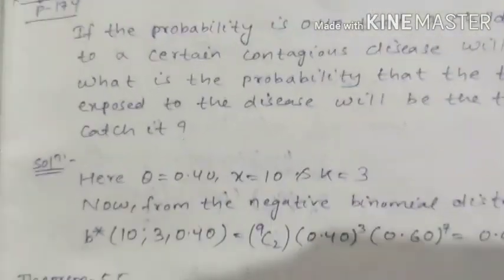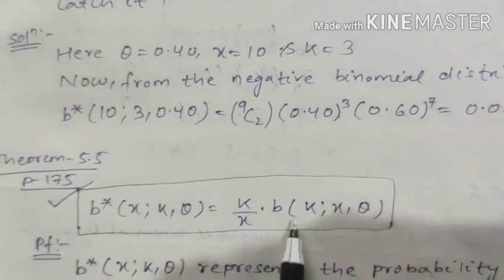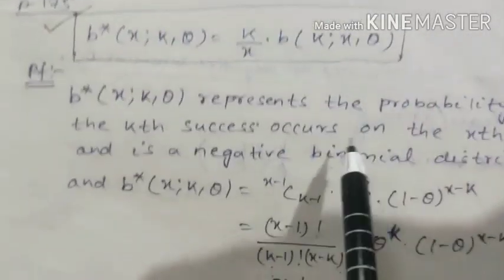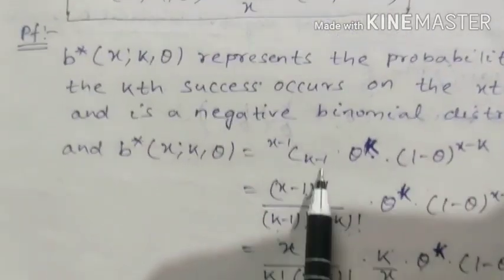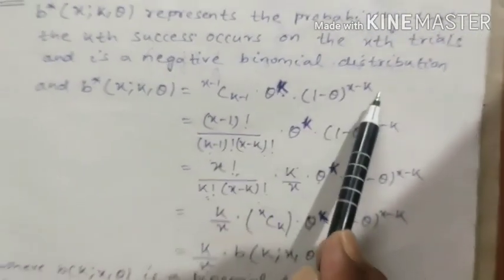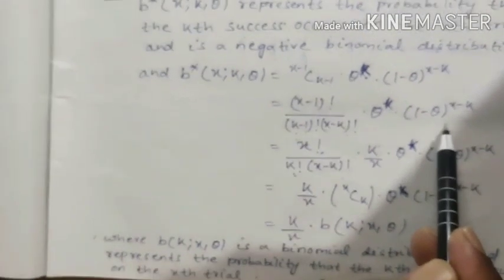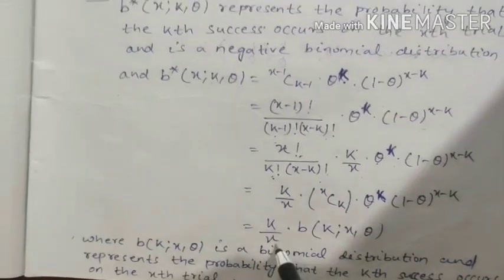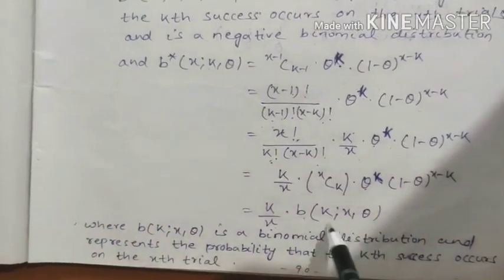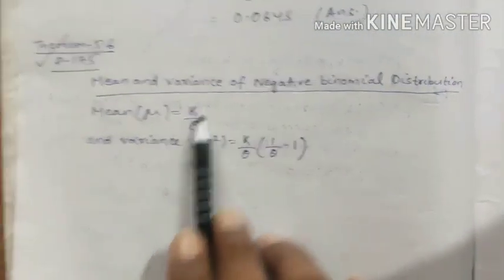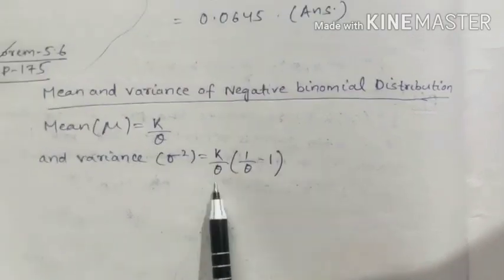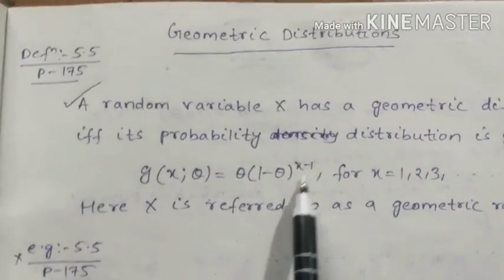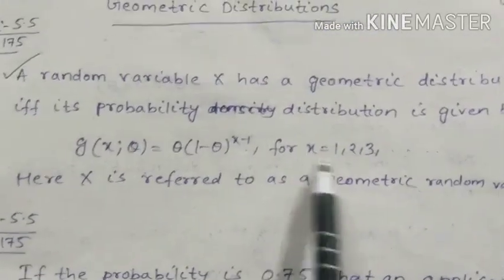Similarly, b star of x; k, theta is equal to k by x into b of k; x, theta, after putting the definition, the result is k by x into b of k; x, theta. Mean and variance of a negative binomial distribution: mean is equal to k by theta, and variance is equal to k by theta into 1 by theta minus 1. The geometric distribution g of x; theta is equal to theta into 1 minus theta the whole to the power x minus 1, for x is equal to 1, 2, 3.